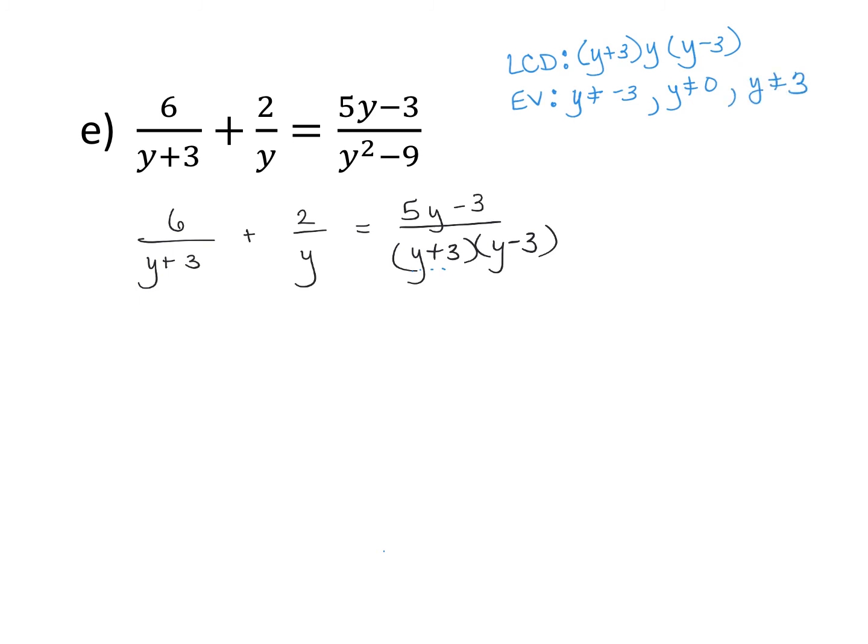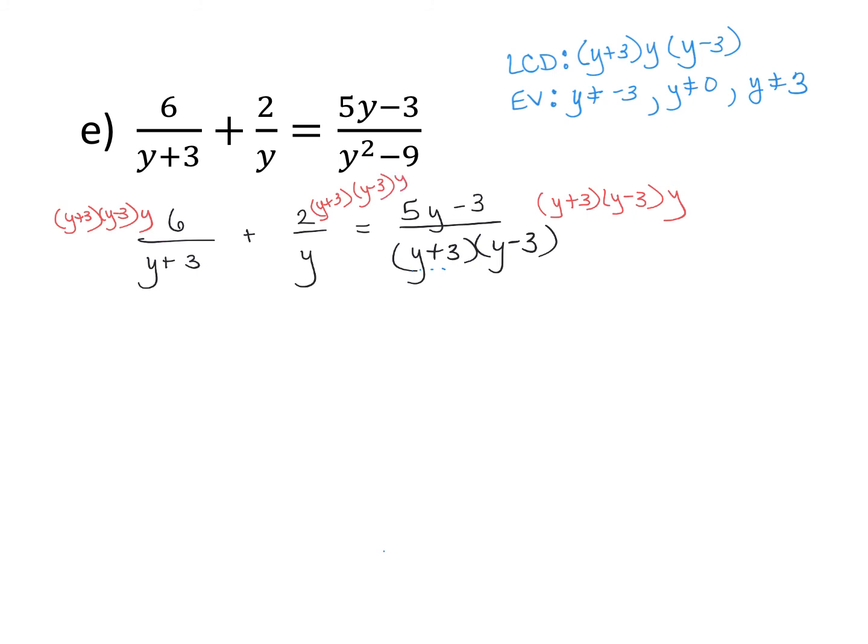So when I'm done solving, I'm going to check and make sure that my solutions are not any of my excluded values. So I'm going to multiply everything by my least common denominator. That's going to look like this: y plus 3, y minus 3, and y next to each fraction.